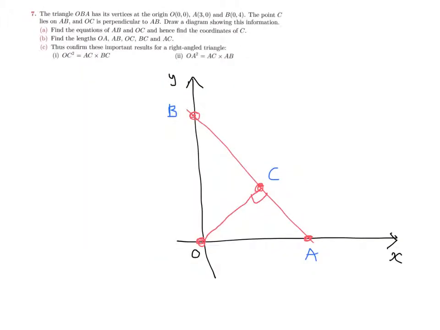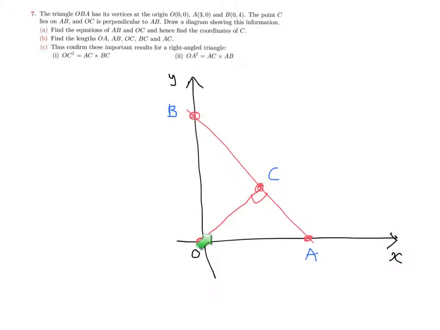I just want to point out one last thing about this question. Having a look at the question, OC squared is equal to AC times BC. So what this question is saying is that the altitude coming from the right angle of a right angle triangle, the length of that squared is equal to the product of the two halves of the side it meets.